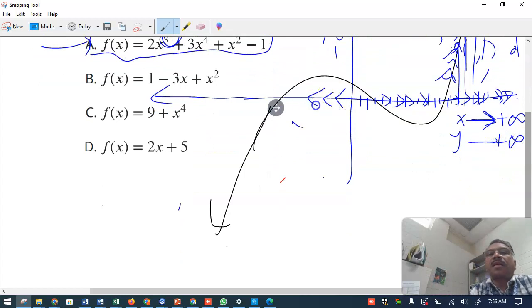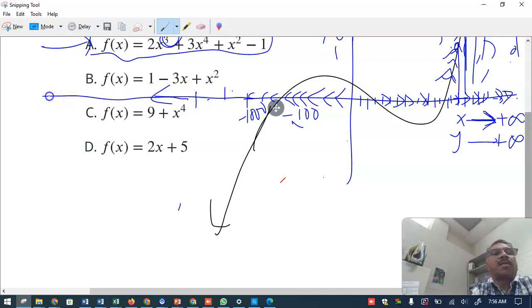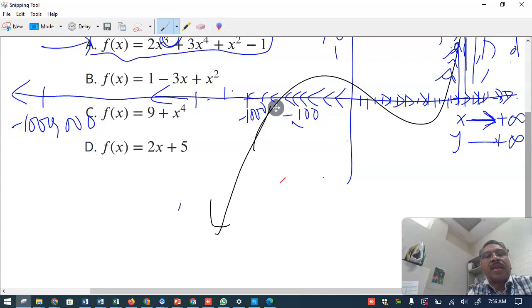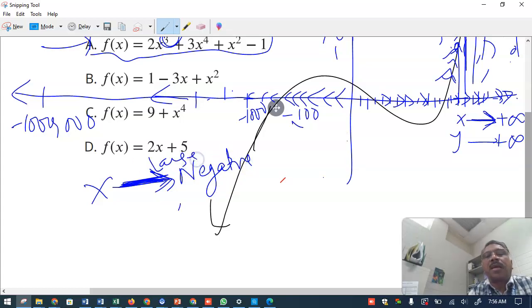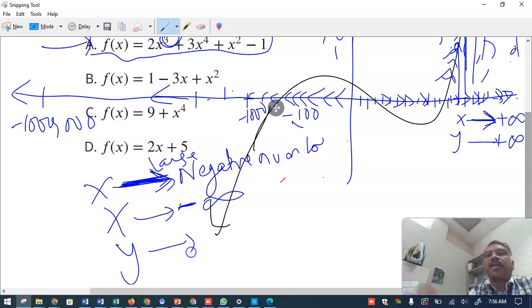Similarly, if you make x very large negative, like minus 100, minus 1000, and so on, minus 1 million, very large negative, what does this basically mean? When x takes very large negative numbers, x goes to almost minus infinity, and the y goes down.